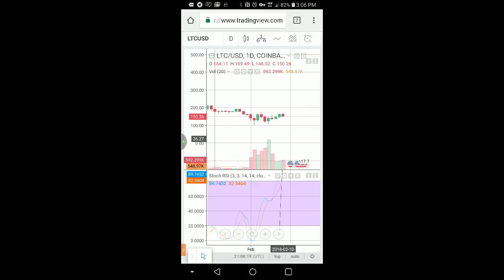If I don't get a pullback to 100, I'm not gonna buy anymore right now. But what I will do is wait. And if I can see a higher high on this daily chart, I will feel a little bit more confident about increasing my position in LTC.